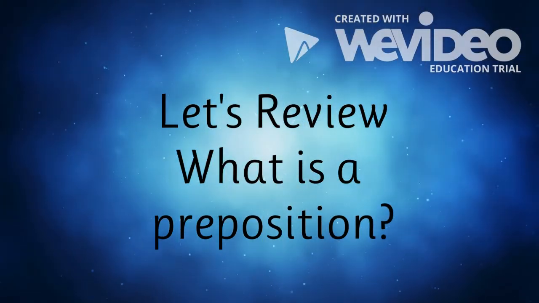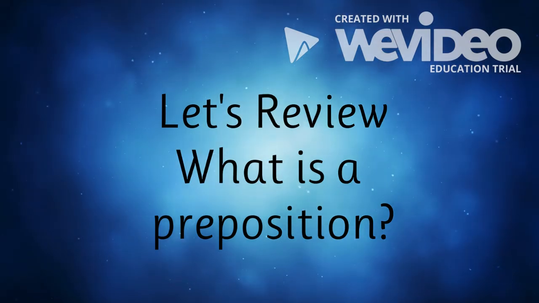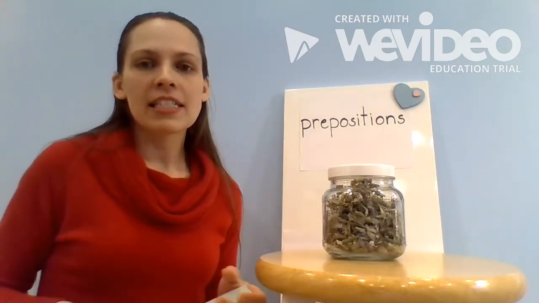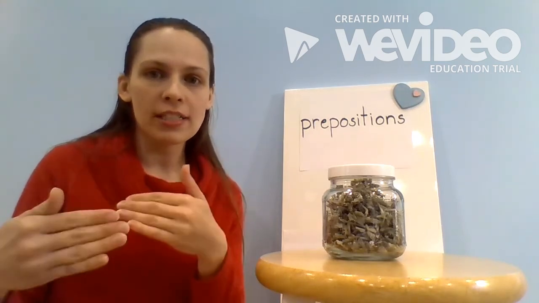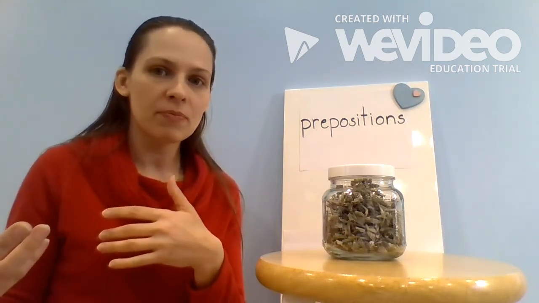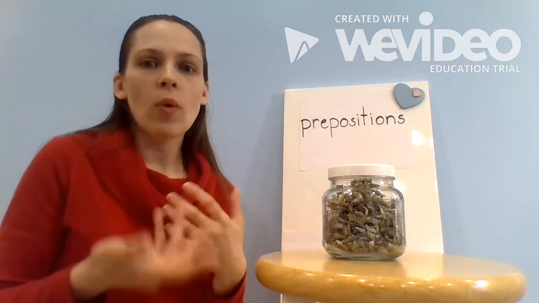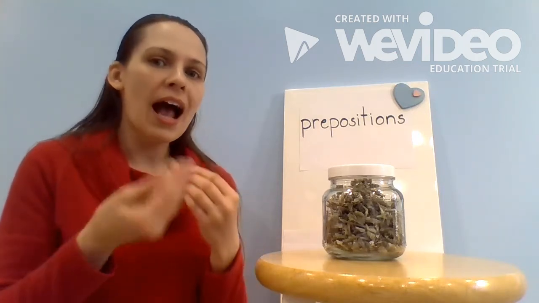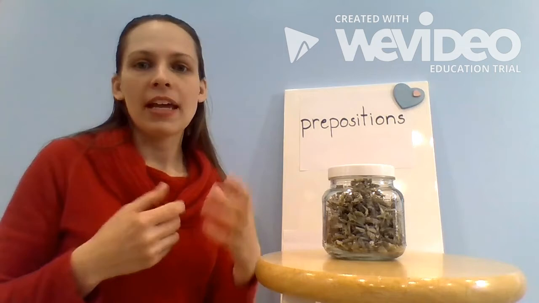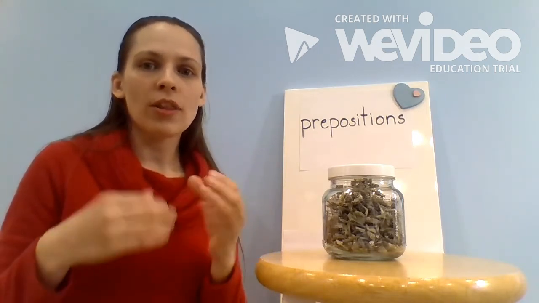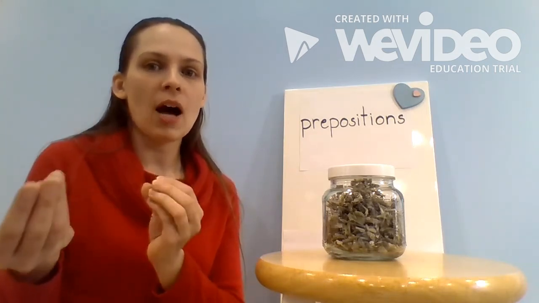Prepositions are words that are usually very common words that can link together other words in the sentence, and they show when or where or how. They show time or location, or they introduce an object.